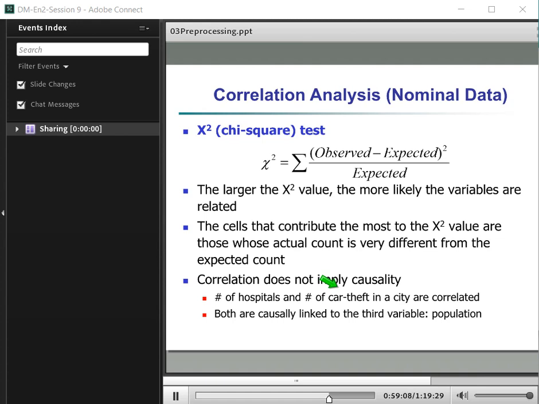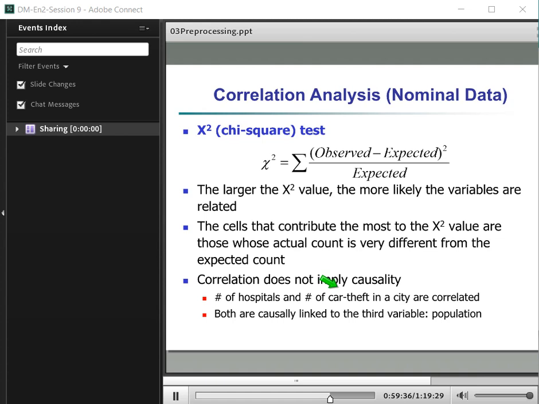Or if I add more hospitals to a city, someone can say that because they are correlated, if you build more hospitals in the city, the number of car thefts in the city will increase too.